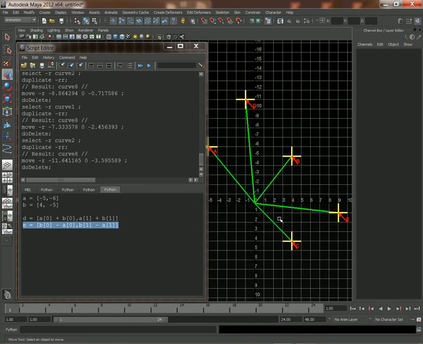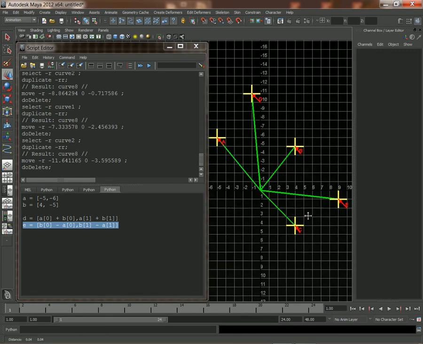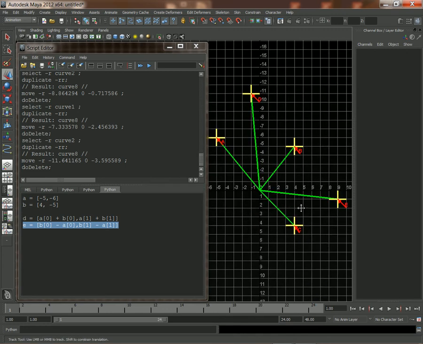So now what if we wanted to use multiplication on a vector? Now, what multiplication can do is it allows us to scale vectors.